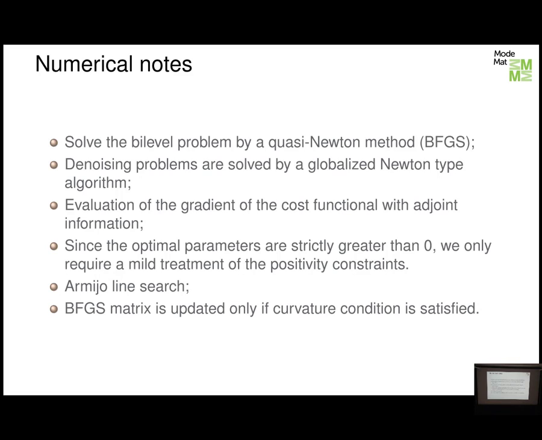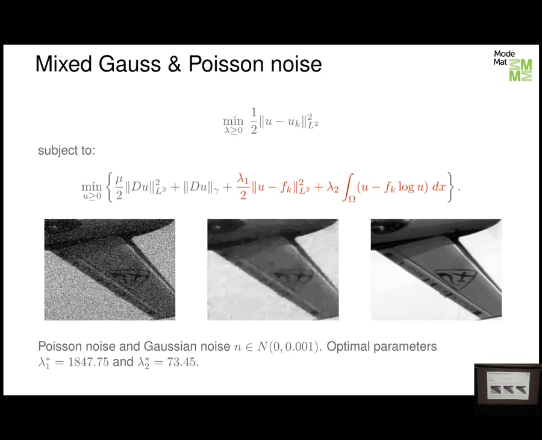And since the optimal parameters are strictly greater than 0, we require really only a mild treatment of the constraints. So there were not really positive constraints in the sense that you need to project each time, because we knew in advance that the parameter was greater than 0 and could not be equal to 0. And we also use some update of the BFGS matrix when the curvature condition was actually verified.